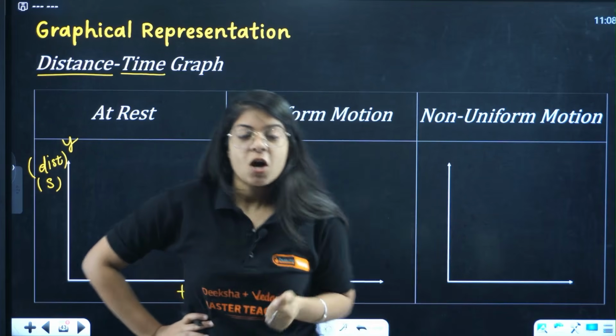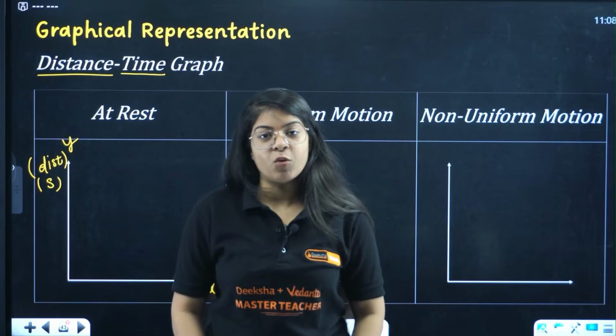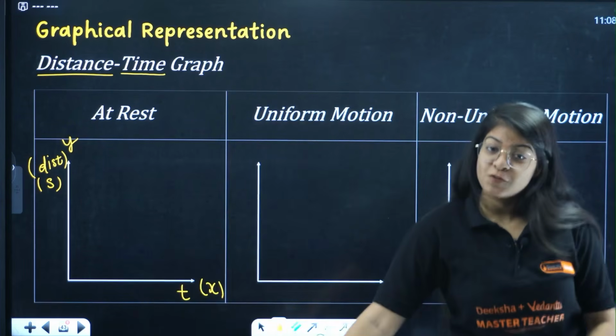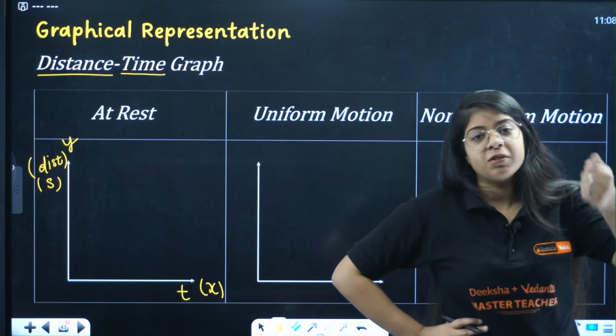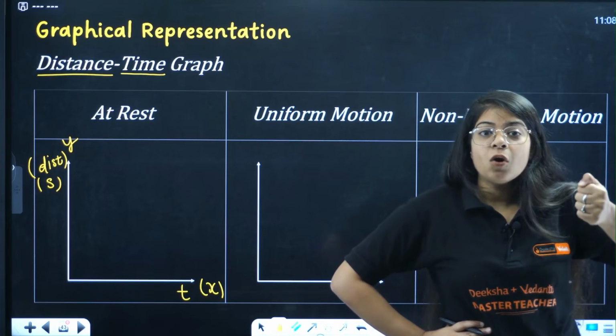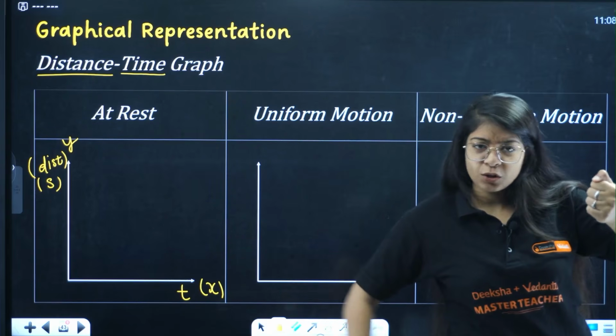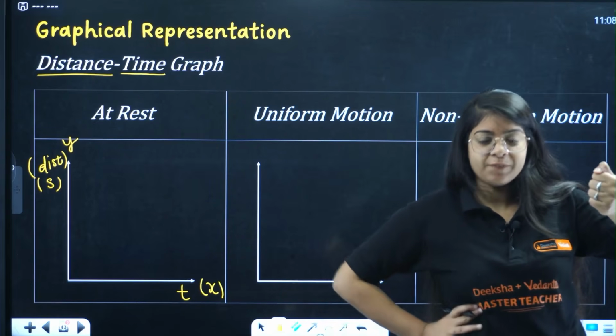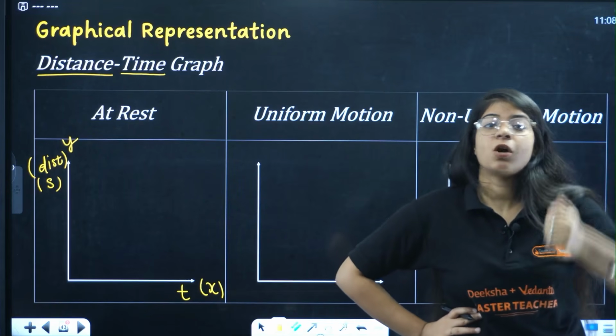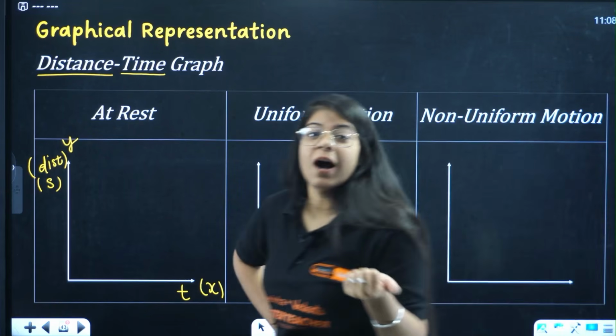Or let's say this is the starting point and you are here, 2 meters from the starting point, and you start the stopwatch again. Now also you are not moving, but you are still 2 meters away from the starting point. You have some distance, but you are not moving, so you are at rest.